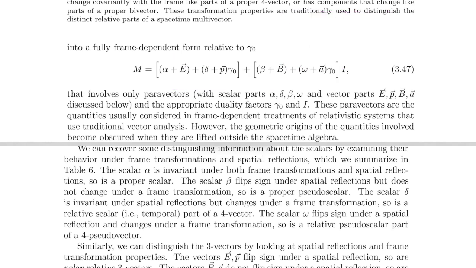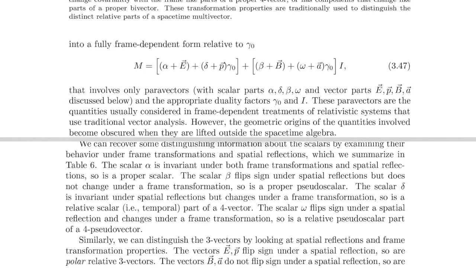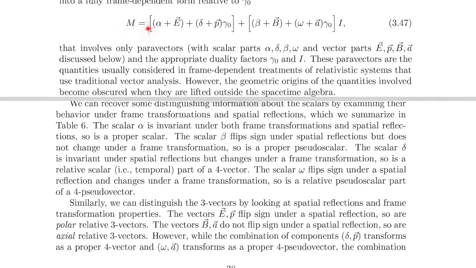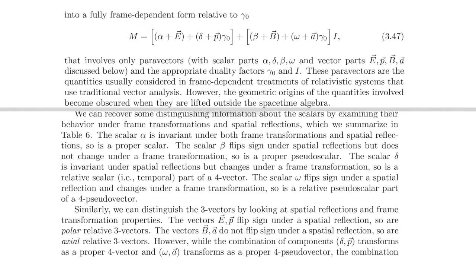It's now completely frame dependent. So it involves only paravectors, and here are the scalar parts and vector parts, the relative 3 vector parts, and the appropriate duality factors, gamma 0 and I. So we've fully exploited these two dualities to write an arbitrary multivector in this frame-dependent form.